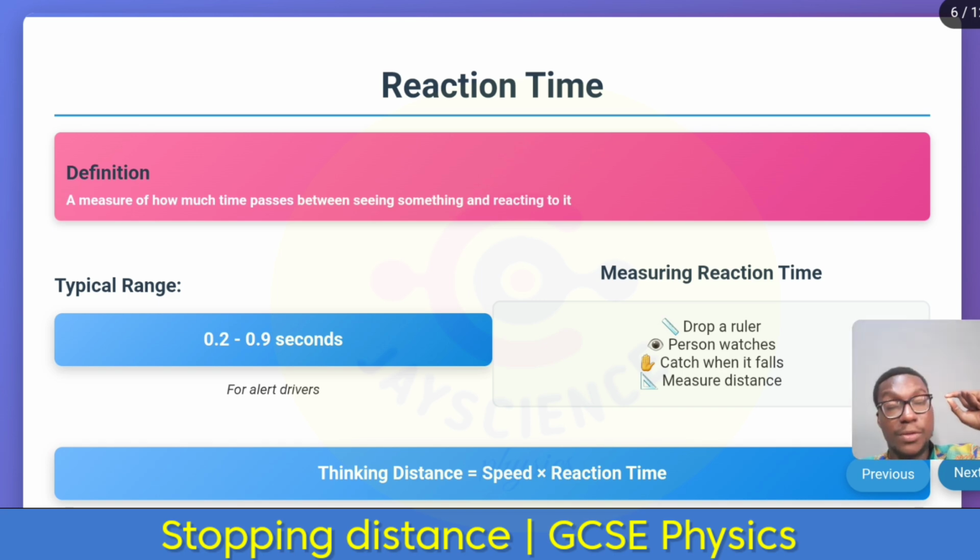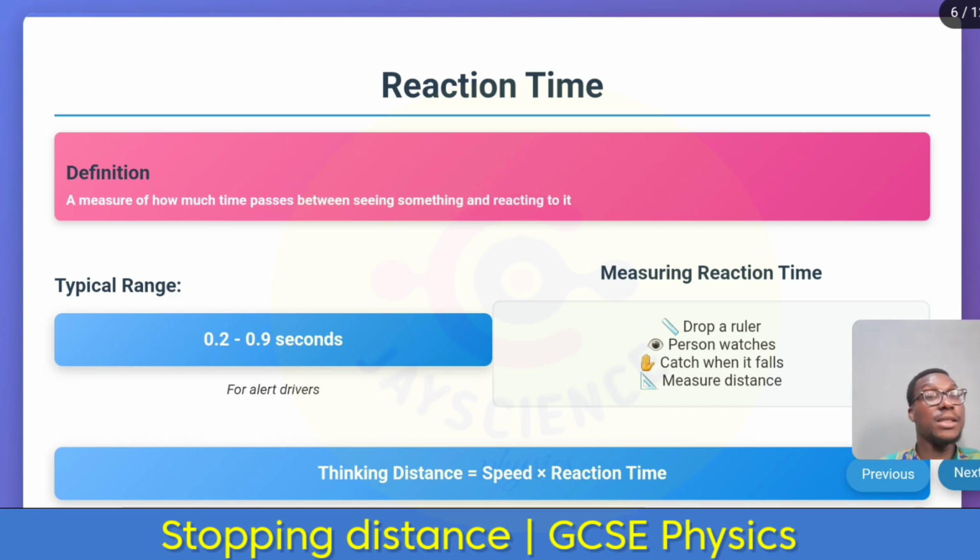If we double the speed from 20 to 40 miles per hour, your thinking distance, which was initially 6, will increase to 12 meters. Your braking distance, which was initially 6, will increase to 24 meters. You see the relationship there?